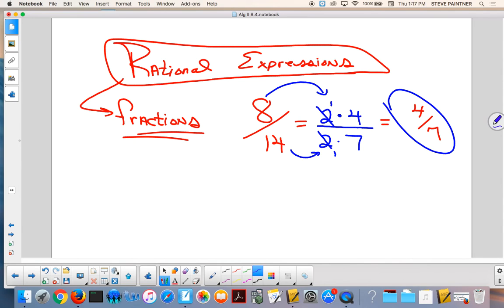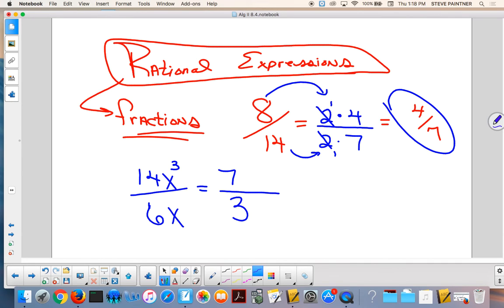Okay? For example, let me throw one at you. 14x cubed divided by 6x. Look at the numbers. Tell me the answer. Just the numbers. 7. Okay, it's 7 because 2 goes in there, 2 goes in here, 3. 7/3 is the answer.